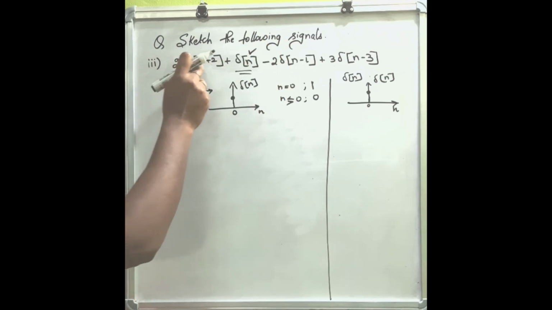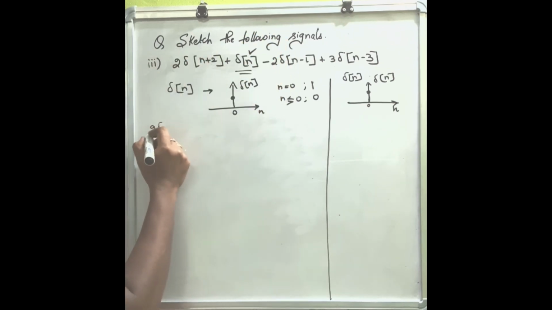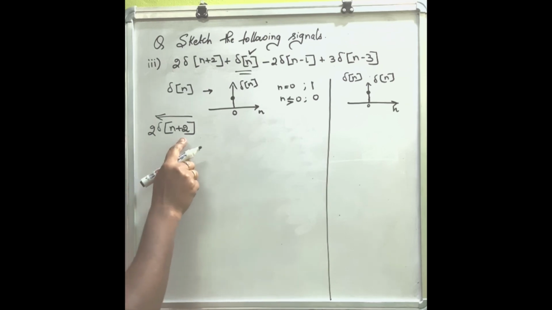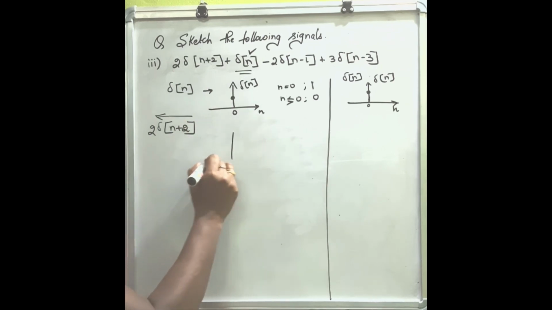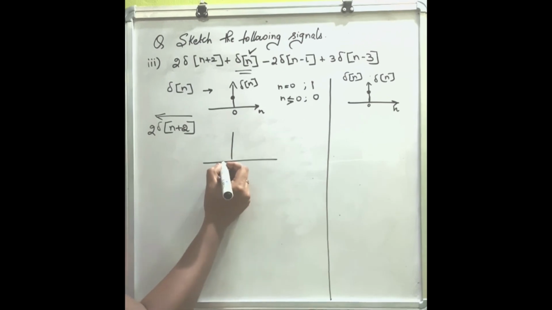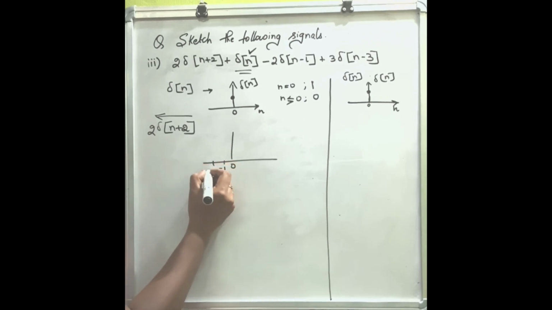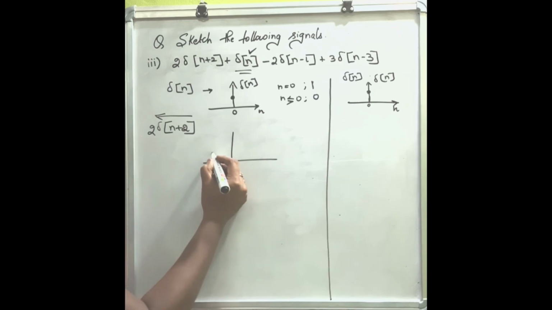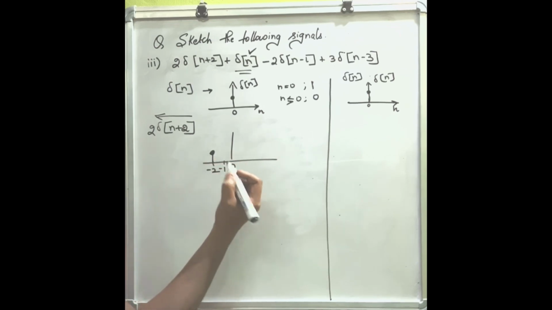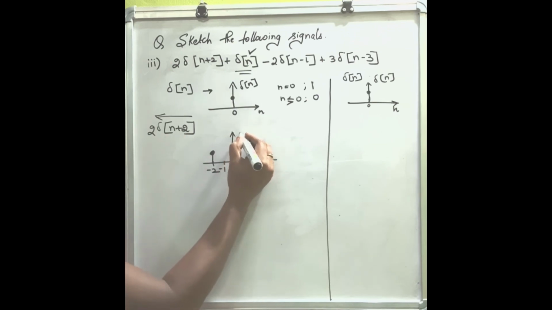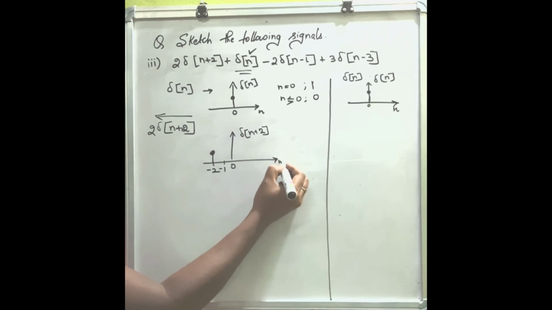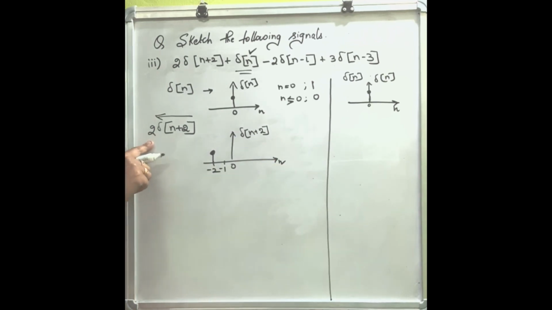Next, 2 del n plus 2. Let's solve for 2 del n plus 2. For that, first do the advanced shifting by 2. When you do advanced shifting, you have to move to the left. So minus 1, minus 2, 2 shifts. This is del of n plus 2. Then what have they asked you to do?